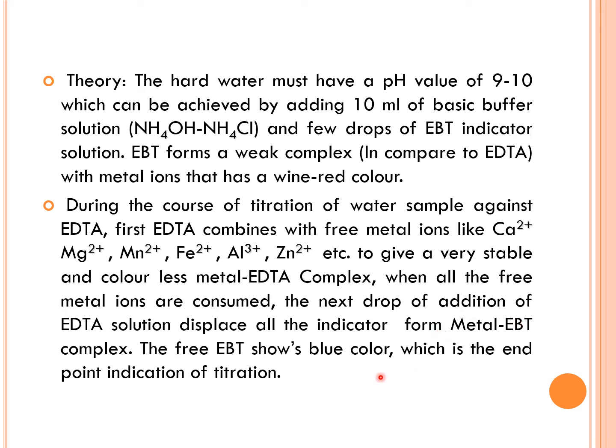Now we have to titrate this mixture with the EDTA, taking it in a burette drop by drop, and we can observe that slowly this red wine color is becoming very light, and at a point it will disappear. As soon as we add another drop of EDTA, a blue color will form. That is the end point of the titration, and we have to note down the reading where this blue color again appeared.